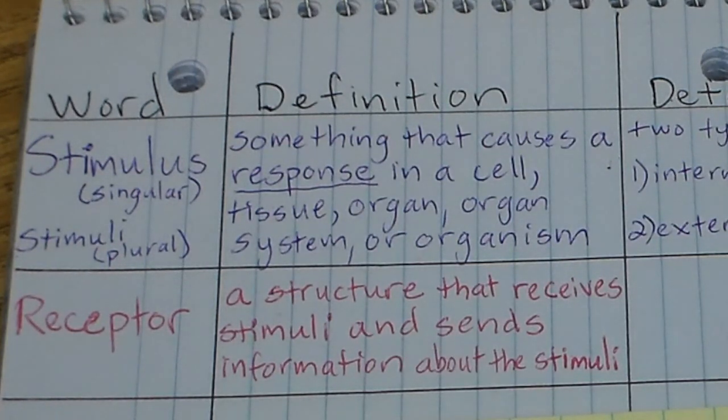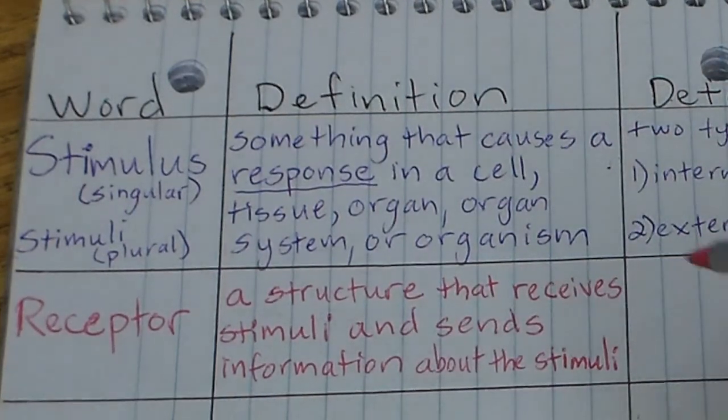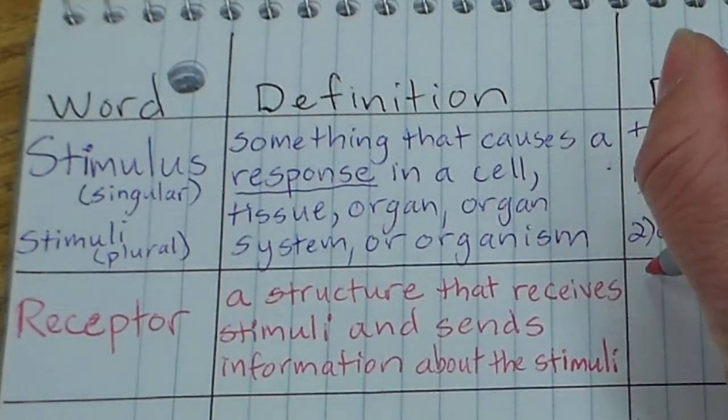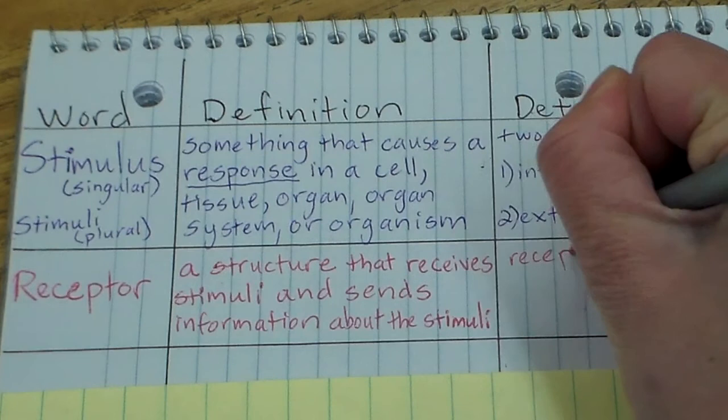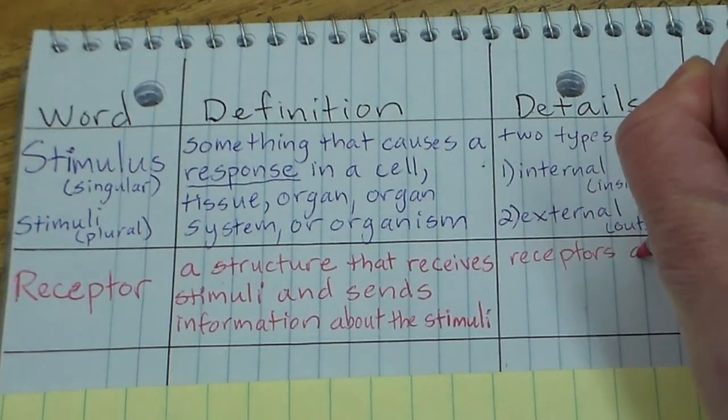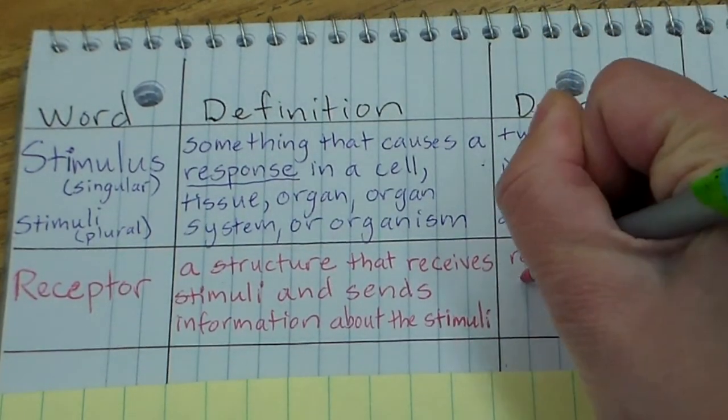And the key detail here is you can imagine there's all kinds of stimuli out there in the world. So that means that receptors are going to be specialized for each kind of stimuli that's out there in the world or inside of the organism. So I'm going to write here that receptors are specialized.